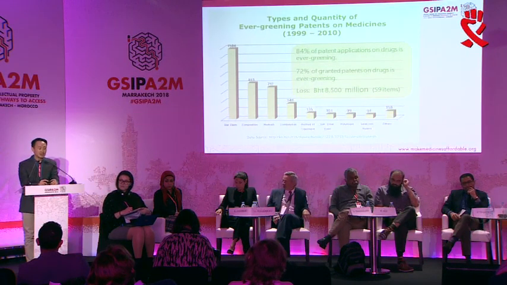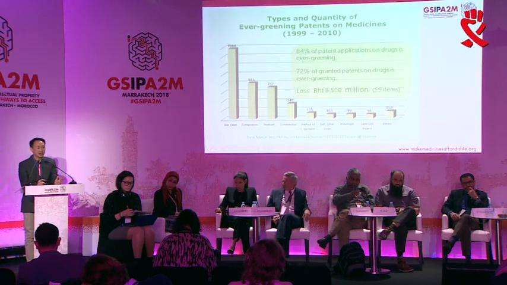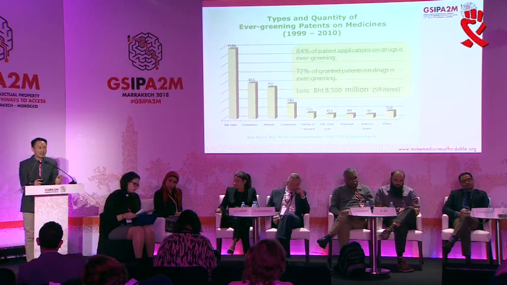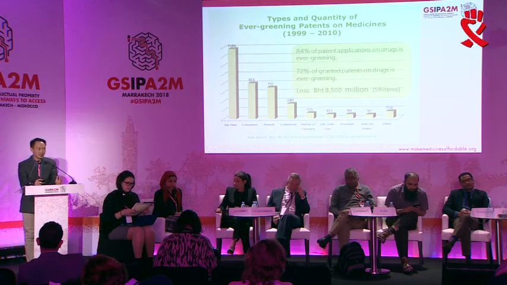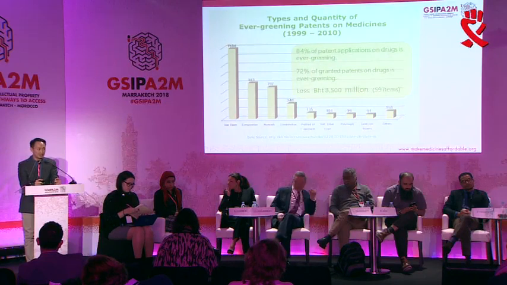Based on the information we found during that 10 years, of about 2,000 applications filed with the IP office, 84% of the patent applications on medicine are considered evergreen patents. And for the patents that have been granted, 72% of them are considered evergreen patents.